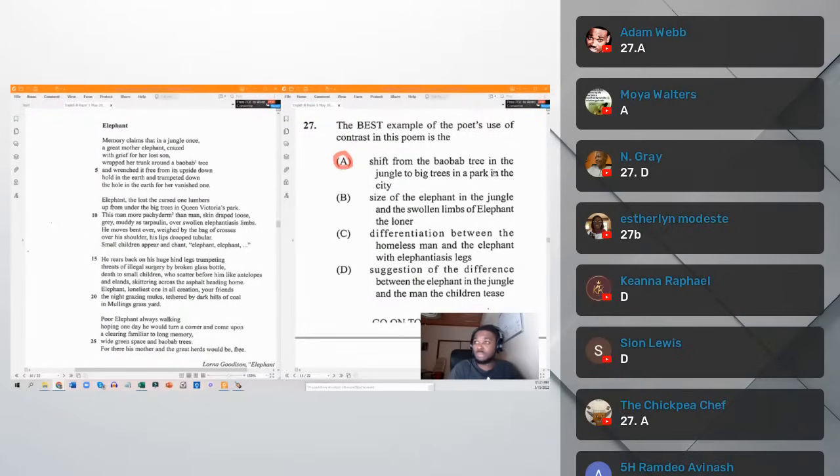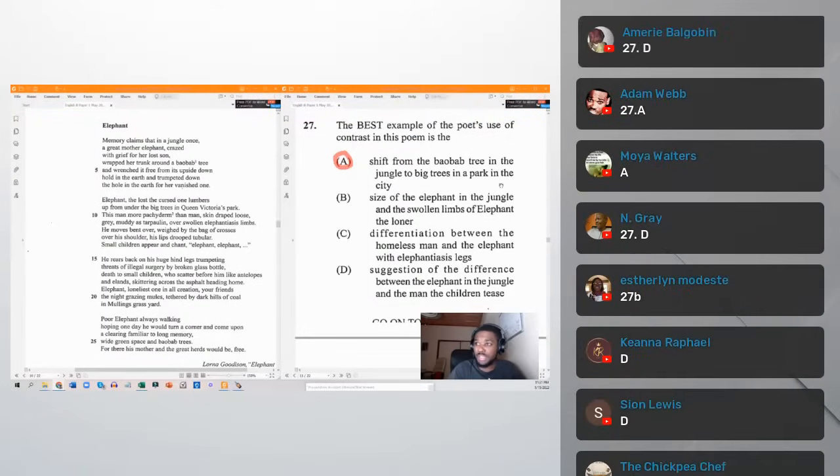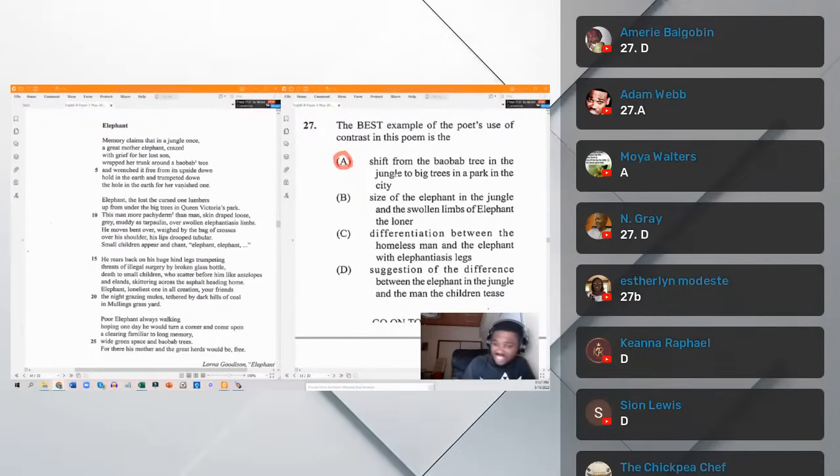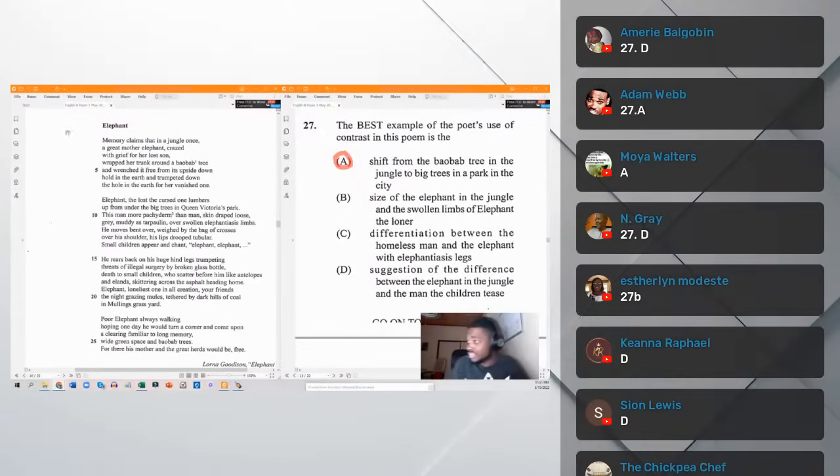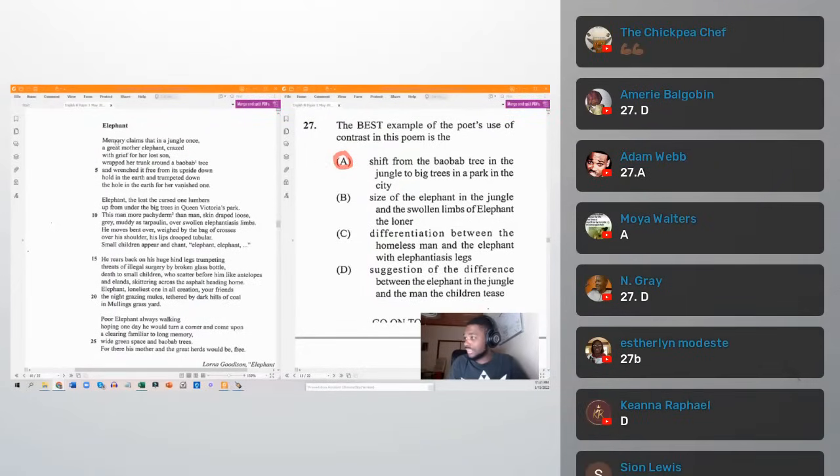Shift from the baobab tree in the jungle to the big trees in a park in the city. Okay, first of all, where's the contrast in all of this? Remember, the contrast is a distinct difference between two sceneries, two images, two ideas. So in the jungle, we have the big baobab trees.